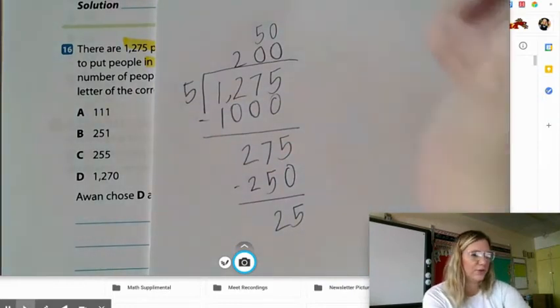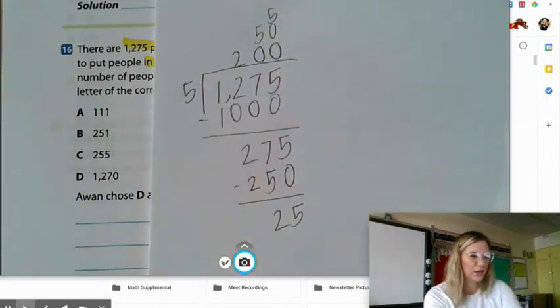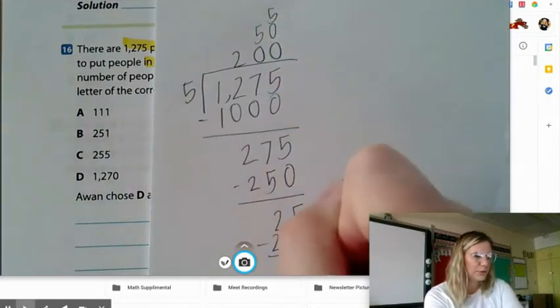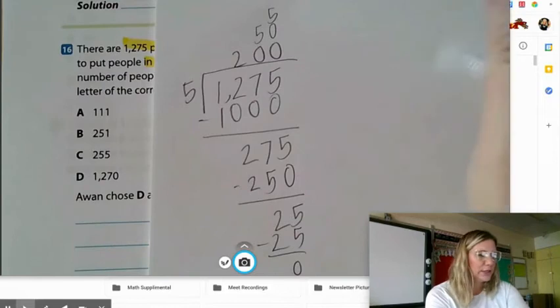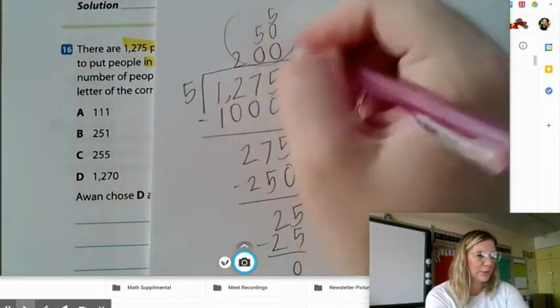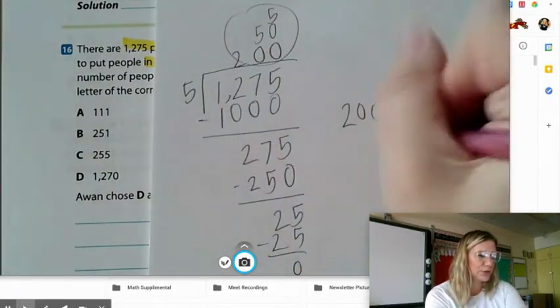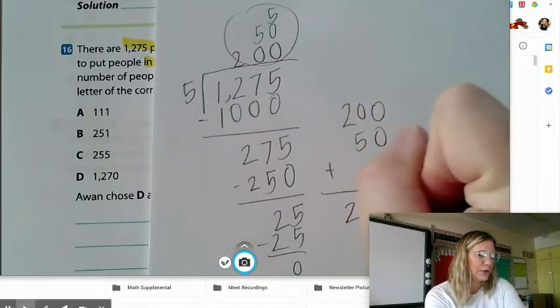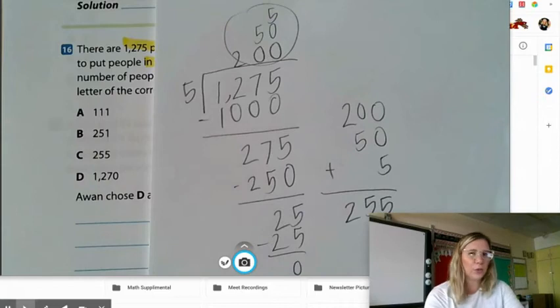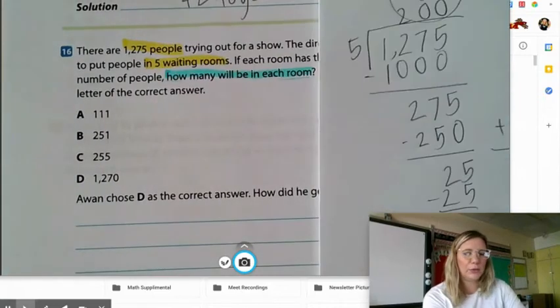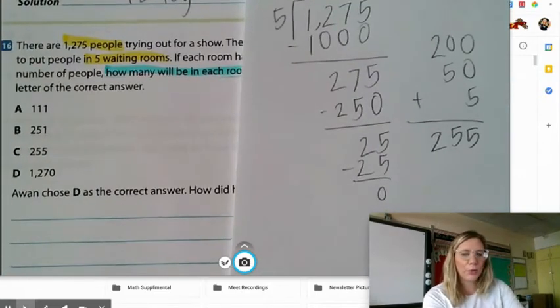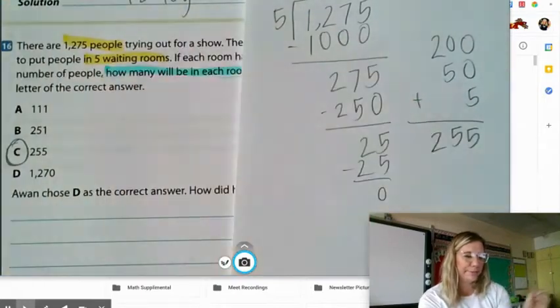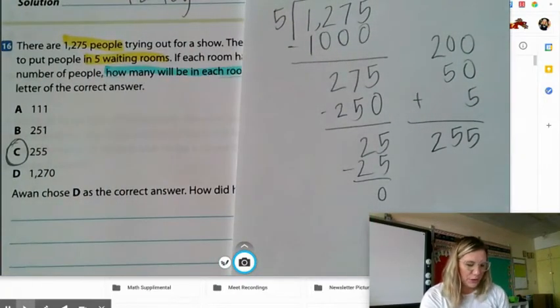So that gives me 0. My last step is to add up my partial quotients of 200 plus 50 plus 5 to give me 255 with no remainder. So I'm going to circle C. 255 is my solution to my division problem.